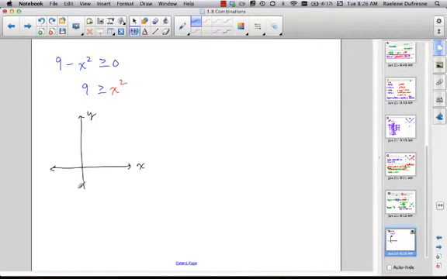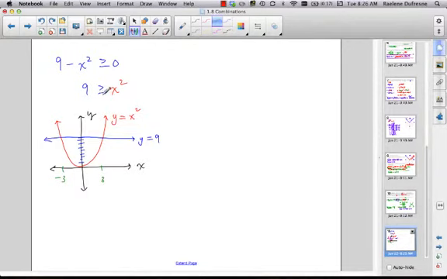This says that we want the parabola y equals x squared to be lower or the same height as the horizontal line 9. There are 2 points of intersection at x equals negative 3 or positive 3.